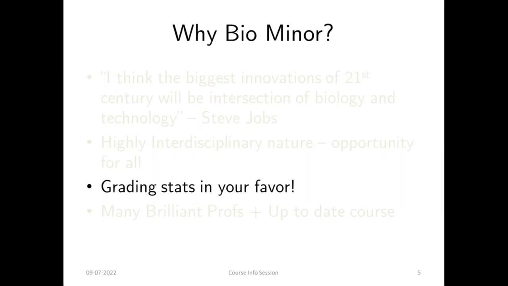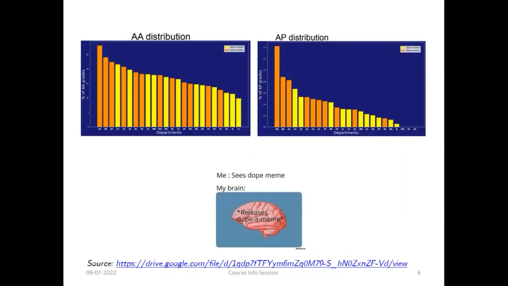Which brings me to the next point, what can be the other motivation for taking a bio minor. One of the reasons, which I should emphasize might not be a big reason, but it's a good point, is that grading stats are in your favor. This was a data analysis done by the DAV team last year.